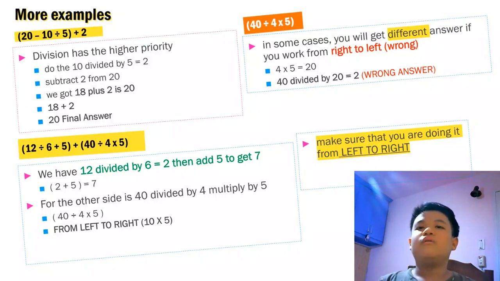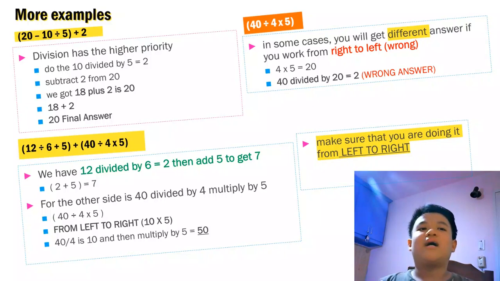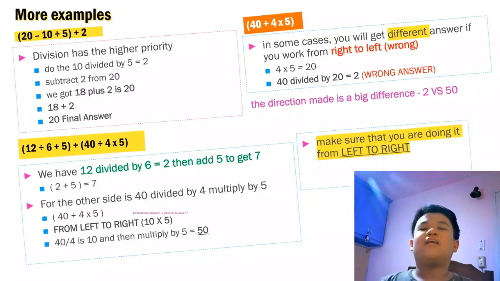But if you go from left to right, you do 40 divided by 4, which is 10, and then multiply by 5 equals 50. Notice that the direction made a big difference. 2 as against 50. Now to finish the problem, 7 plus 50 equals 57.